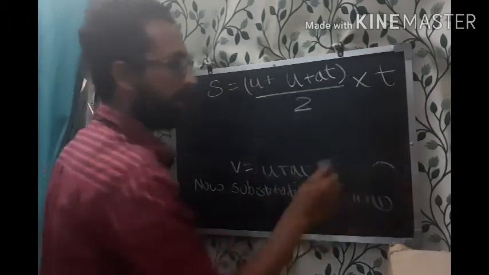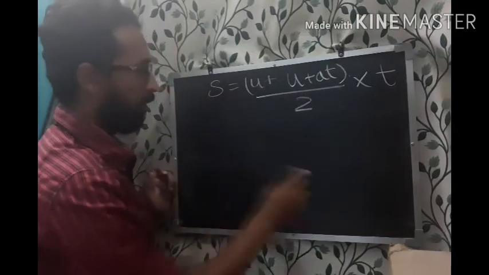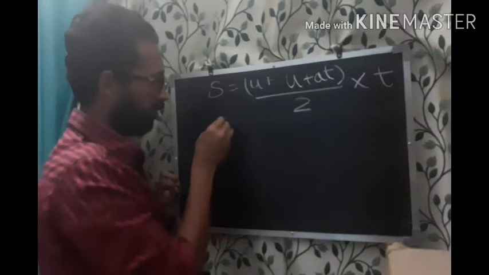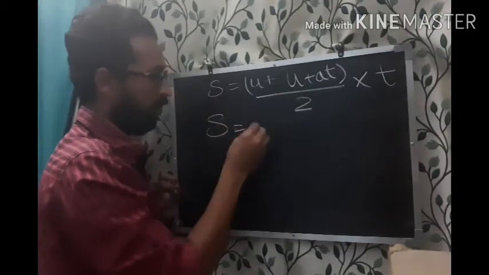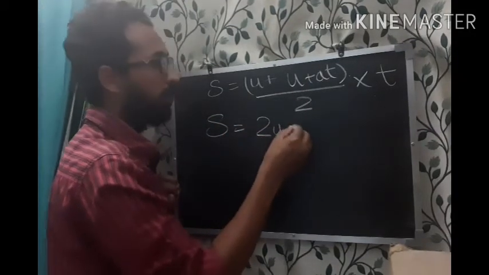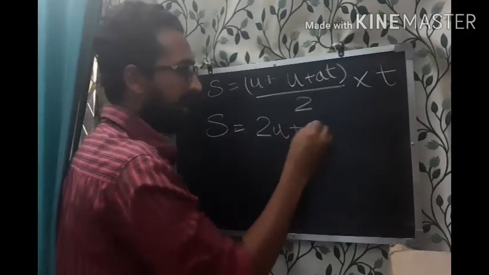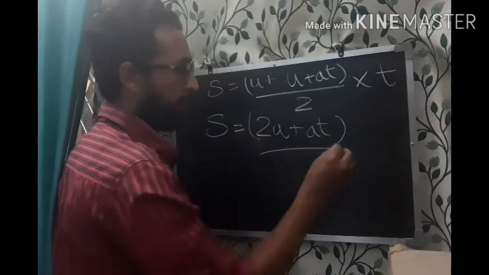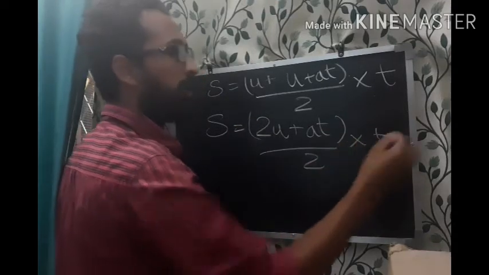So after substituting this equation, what we can do is, there are two u's, so it could be written as 2u plus at upon 2 into t.